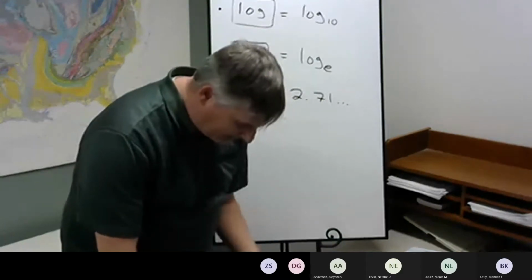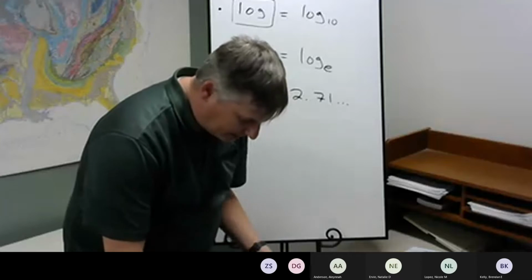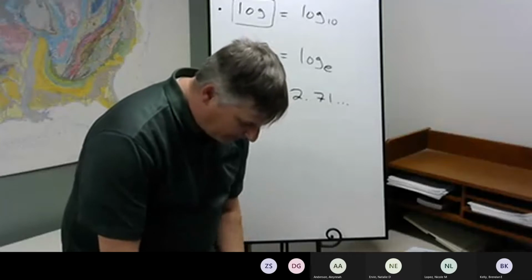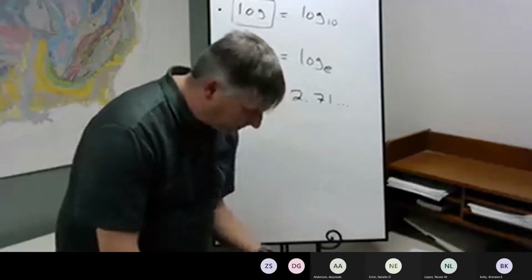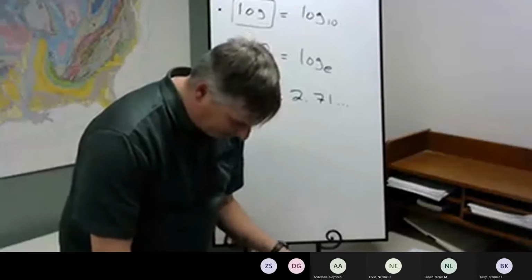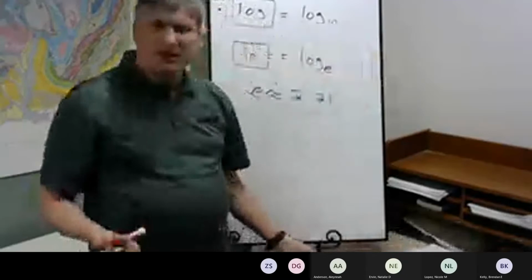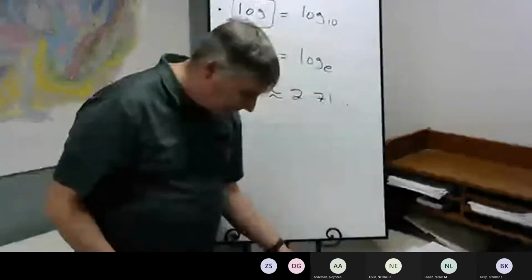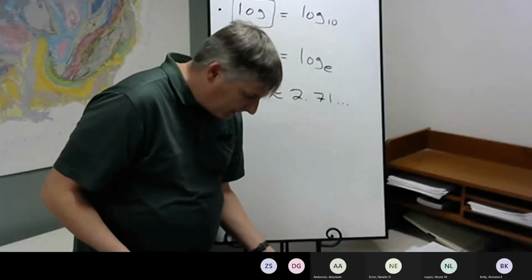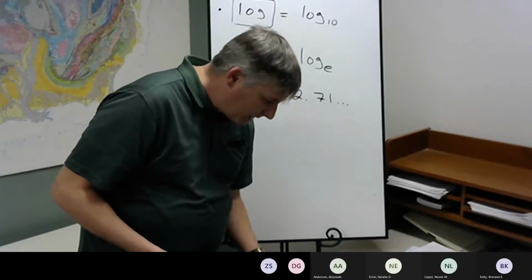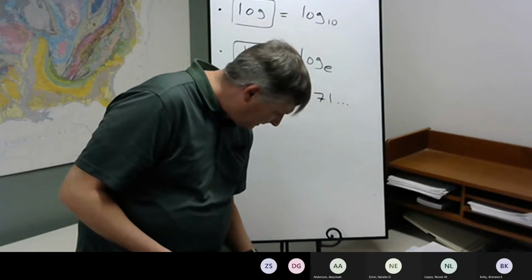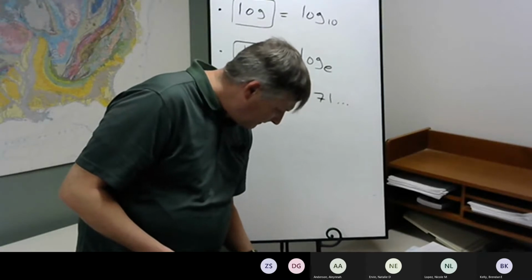Now, you might be kind of wondering, well, hold on. What if I want to do something with, say, a log base 3? Or a log base 1/2, or a log base 7. Well, what do we do? And there's a way you can handle this.